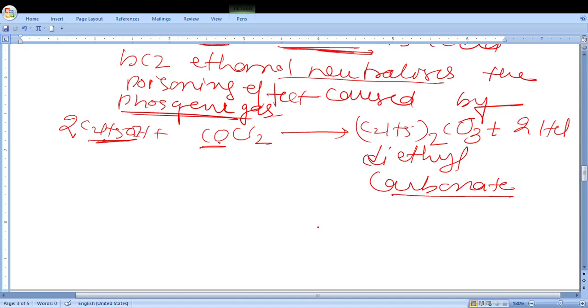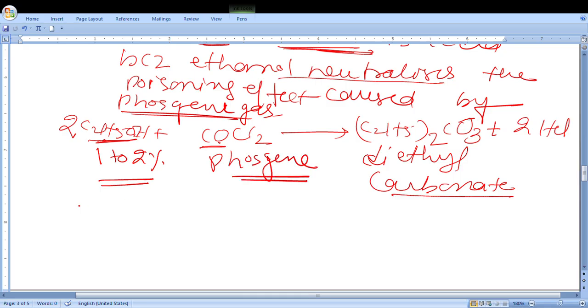So in chloroform, the phosgene gas is neutralized by ethanol and it should be 1 to 2%. Right? So it should be stored in a dark colored bottle and the bottle should be filled up to the brim so that its air oxidation should not take place and phosgene gas should not get formed. If it is formed anyhow, then we will have to add 1 to 2% ethanol, that will cause neutralization of this phosgene into diethyl carbonate.